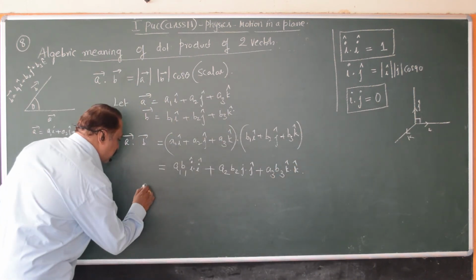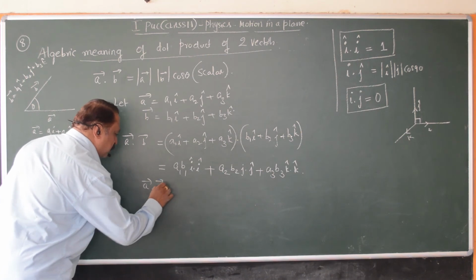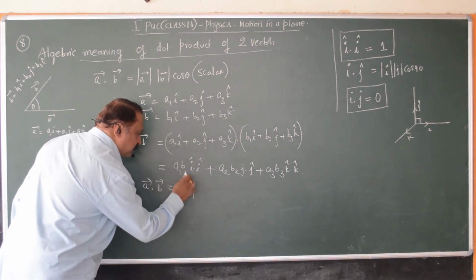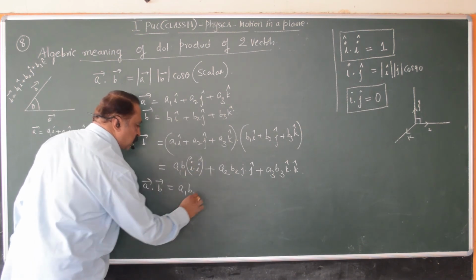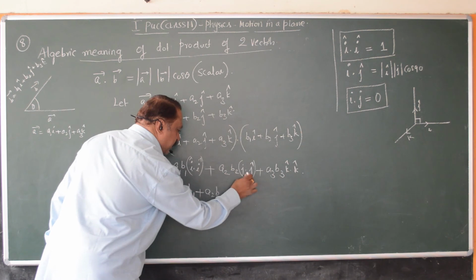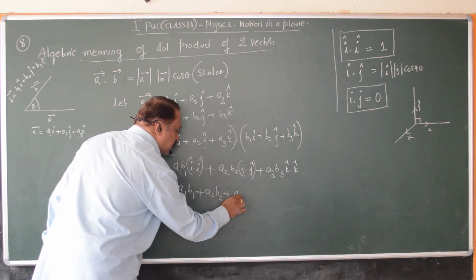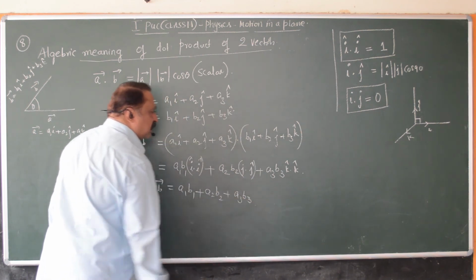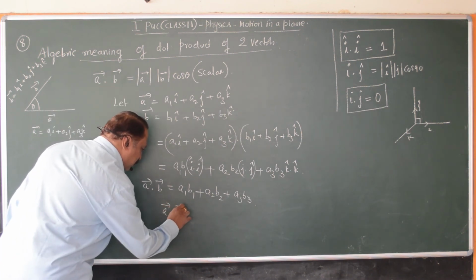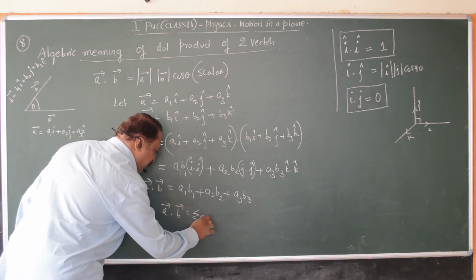So finally, what we get is vector A dot B equals A1 B1, because i dot i is 1, plus A2 B2, because j dot j is 1, plus A3 B3, because k dot k is 1. So this is going to be a real number, which is sigma A1 B1.